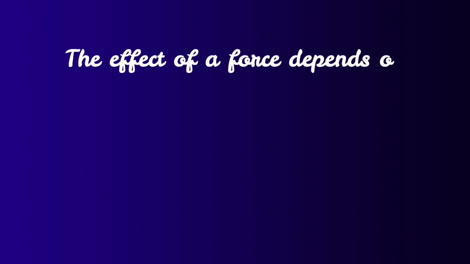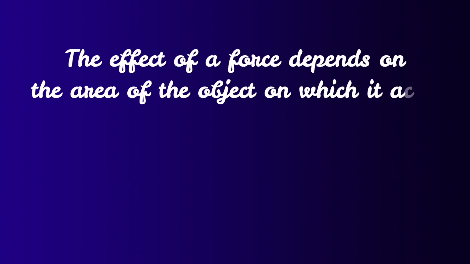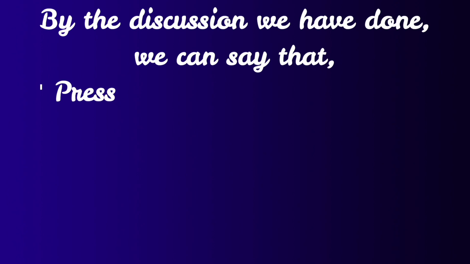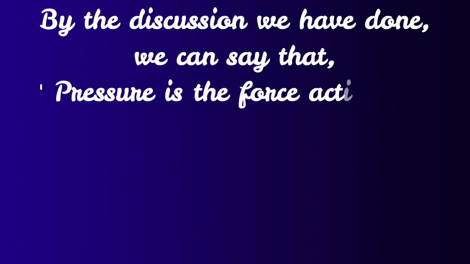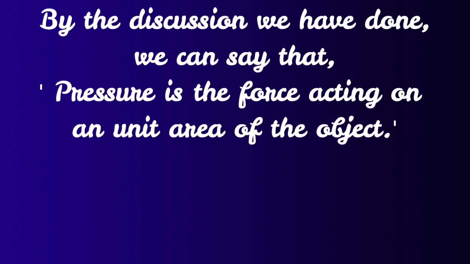Thus, the effect of a force depends on the area of the object on which it acts. Let us now define pressure. So, from the discussion that we have done, we can say pressure is the force acting on a unit area of the object.